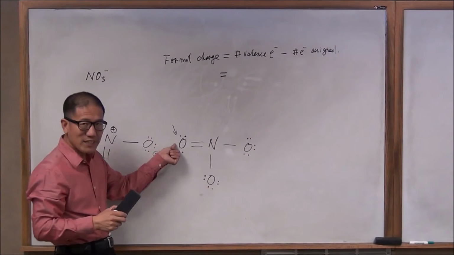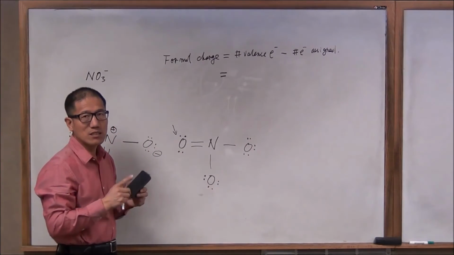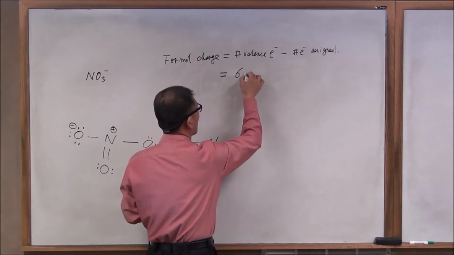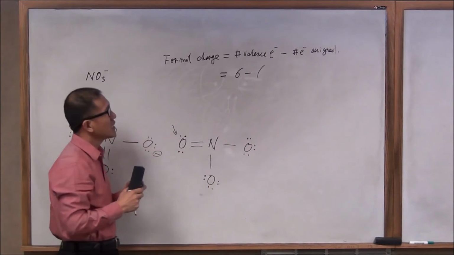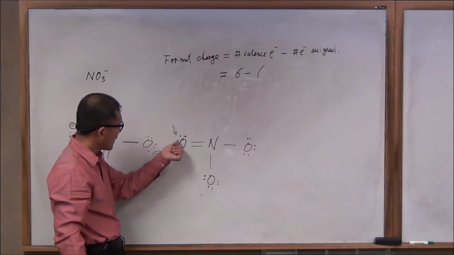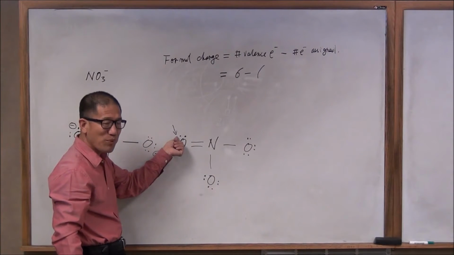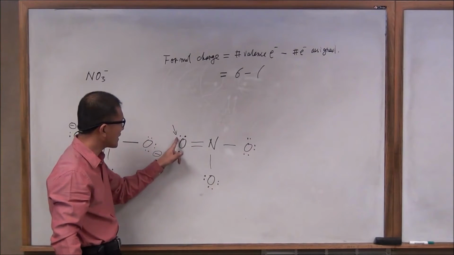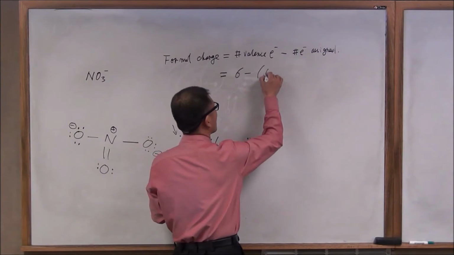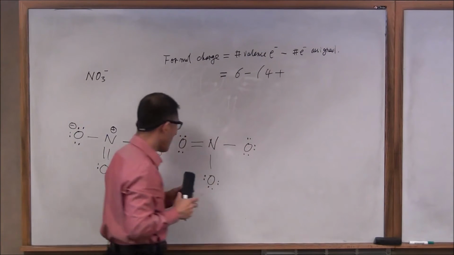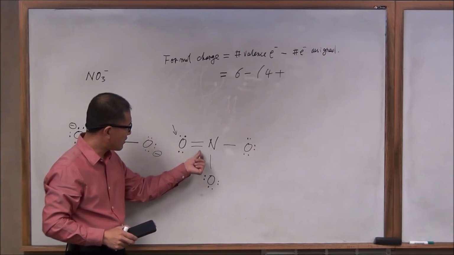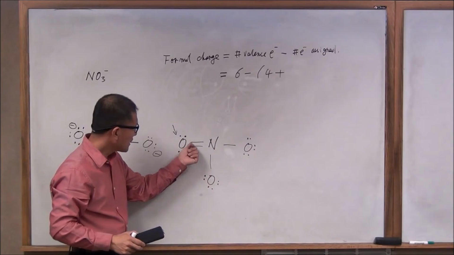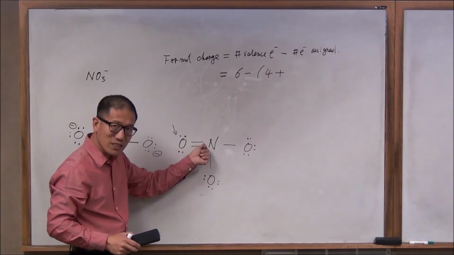So for this oxygen atom, it always has 6 valence electrons. And then for the number of electrons assigned, you will say whether it's a lone pair or a shared pair. If it's a lone pair, all the electrons are assigned to this atom. For this one, it will be 4. And then if you have a shared pair, the total number of electrons is divided by 2, because each bond represents 2 electrons.